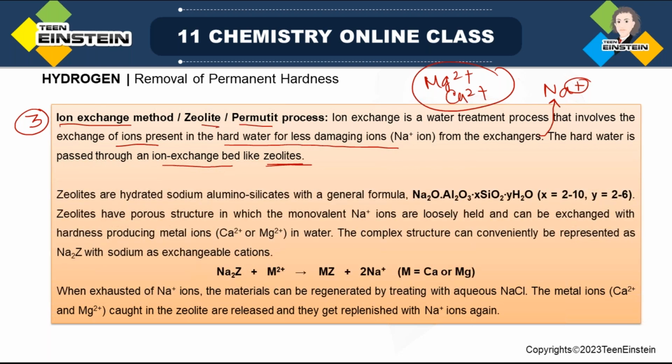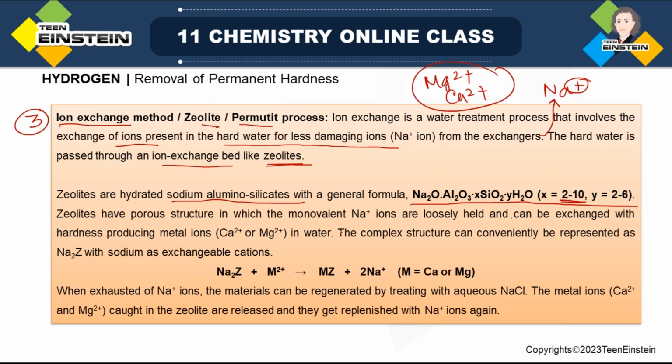Fine. So what is zeolite basically? Zeolites are hydrated sodium aluminosilicate. This is the formula. This is not something very easy. There are actually so many elements present. See, sodium, aluminium, obviously oxygen, even silicon. And x number of SiO2, this x may vary.